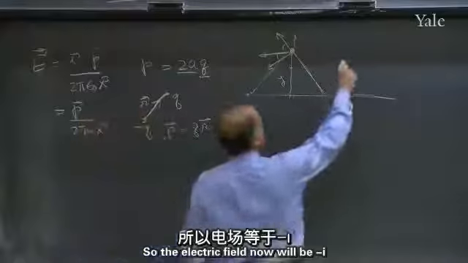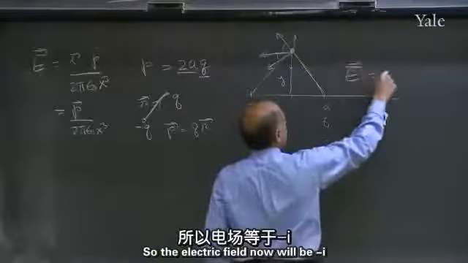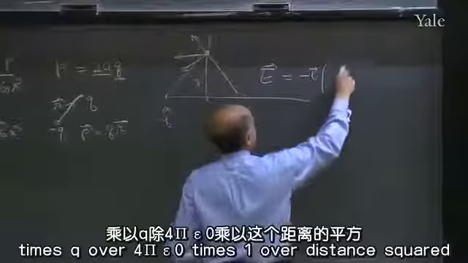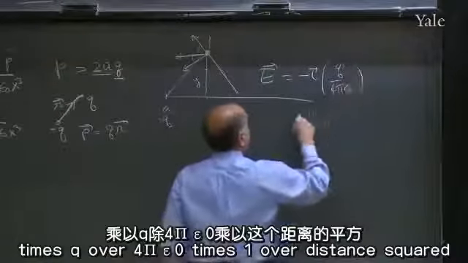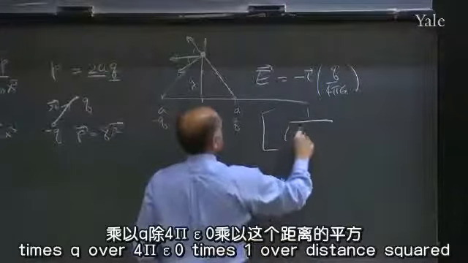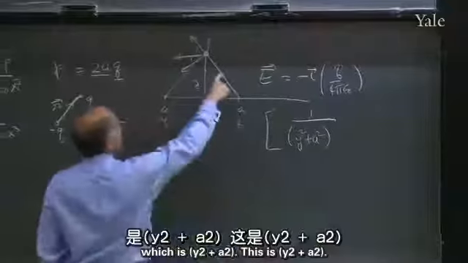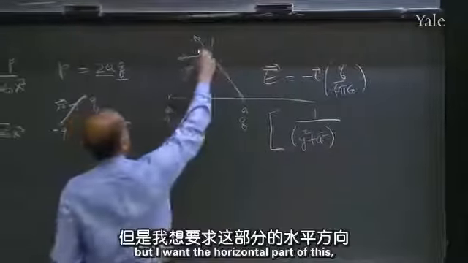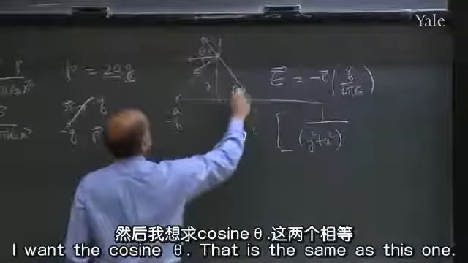So the electric field now will be minus i, which tells me it's in the negative x direction, times q over 4 pi epsilon 0 times 1 over distance squared, which is y squared plus a squared. This is y squared plus a squared, and that's also y squared plus a squared. But I want the horizontal part of this, so I want the cosine theta. That is the same as this one.